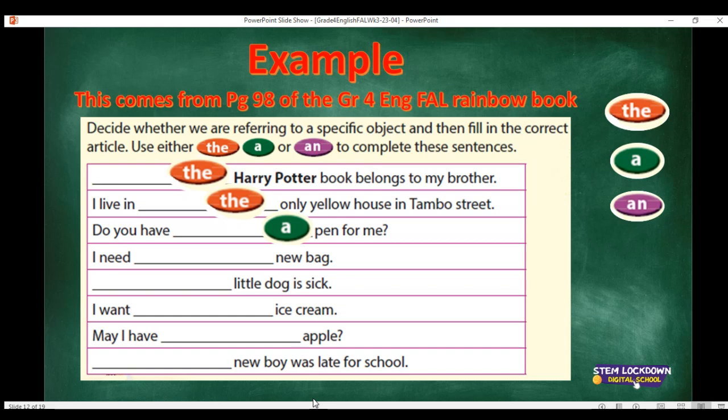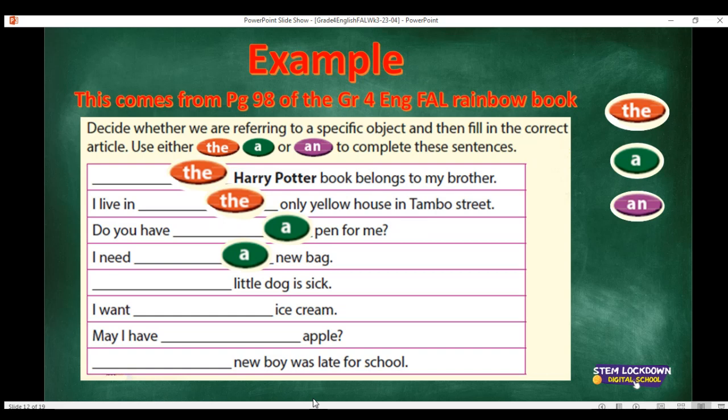Number 4, I need a new bag, or the new bag. So are we talking about a specific type of bag that they want, or is it any type of bag? So we're talking about any type, so they need a new bag.